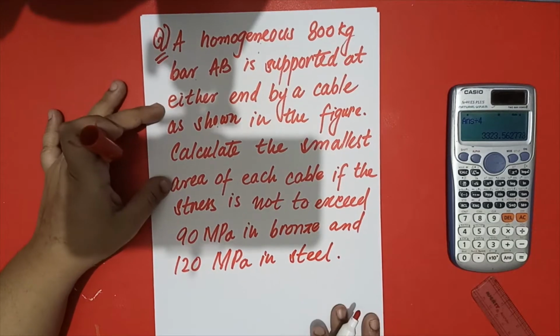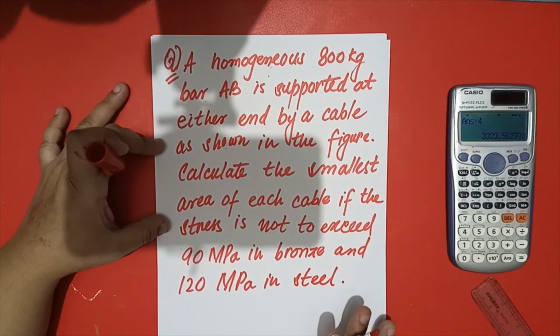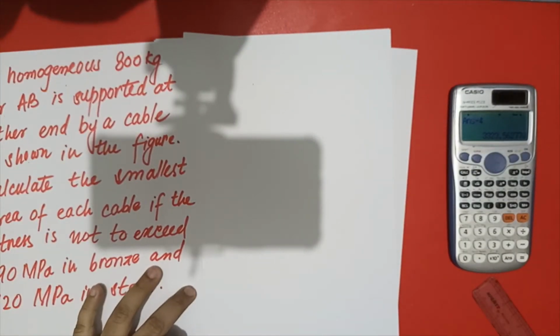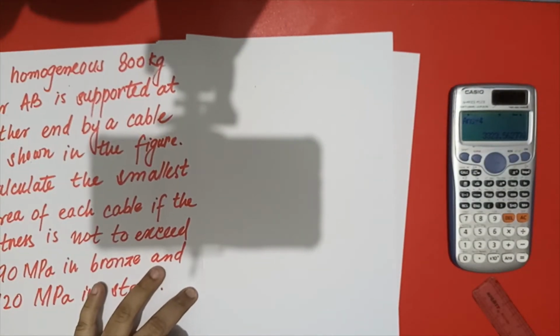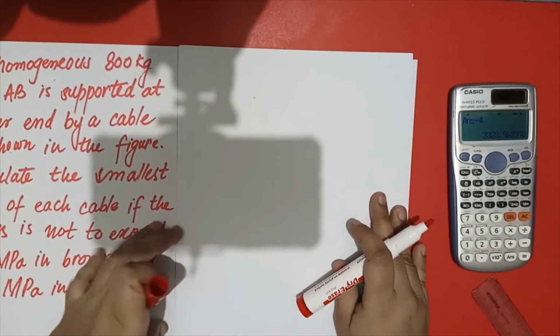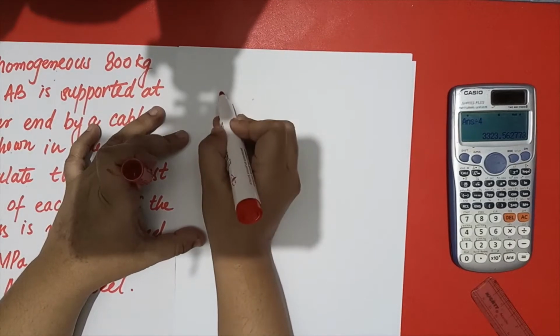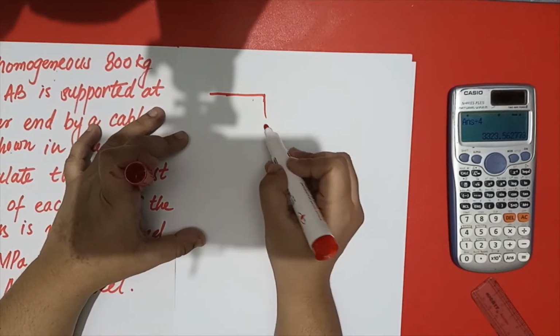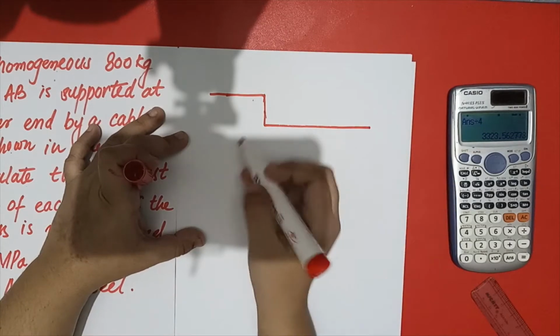The diagram is also given in the question, so let me draw it so it will be more clear to all of you what the requirement of the question is.